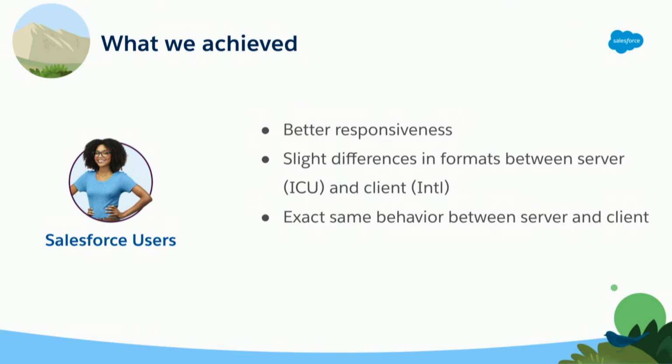But we figured out that this is something that will not affect our customers as much. They will still be able to understand it, and it won't throw them off when they are doing day-to-day work. But we have the exact same behavior for parsers between server and client.